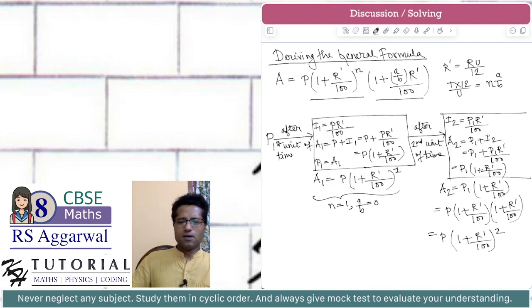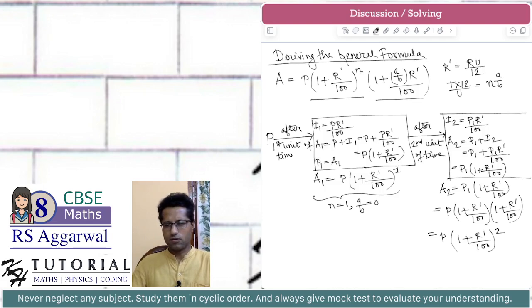So this was the scenario for n equals to 2, and we have the power of 2. We do not have the third factor because we are not considering any fractional part, that is, any fraction of a unit of time.